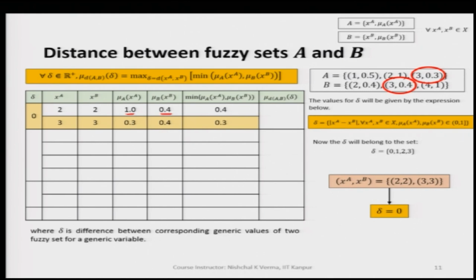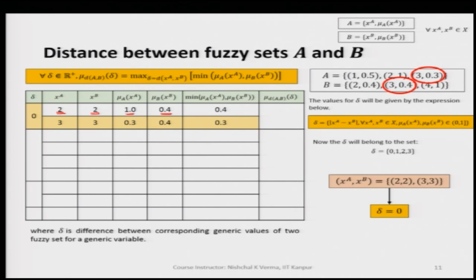All these values come from the discrete fuzzy sets that are given to us, so we need not worry about anything; we just take the values from the given fuzzy sets and include them in this table.